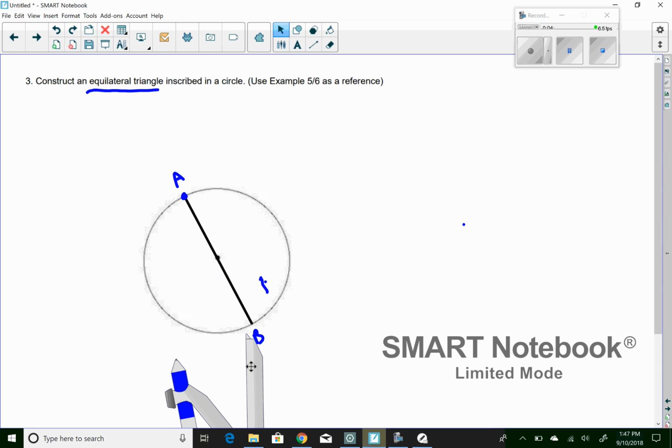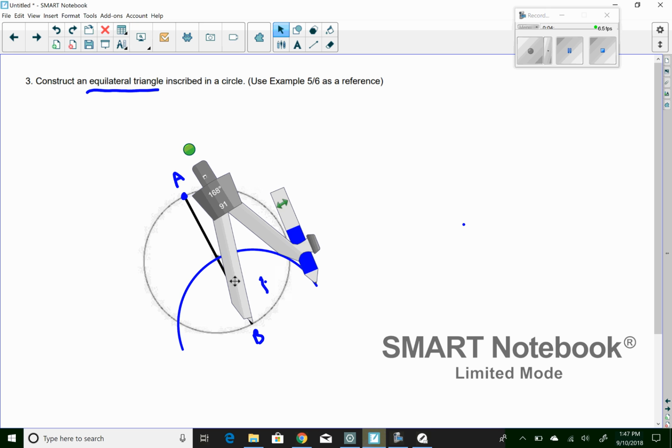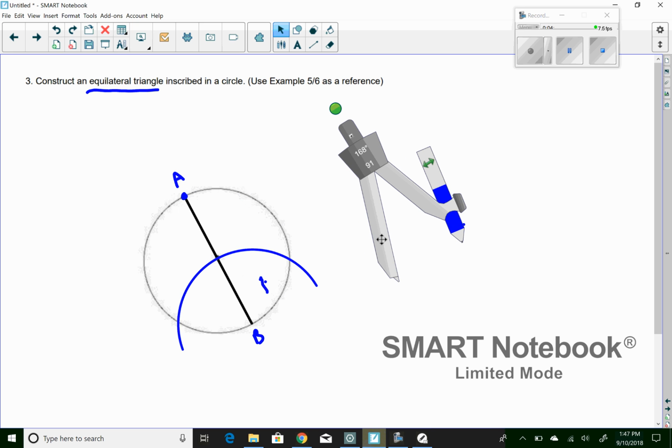So if I put the point or the open circle of the safety compass on point B, I then can make a mark. What this mark does is it creates 2 points here and here. Those 2 points I'm going to call C and D. I want to label the points, even though they're out of alphabetical order, it doesn't really matter.